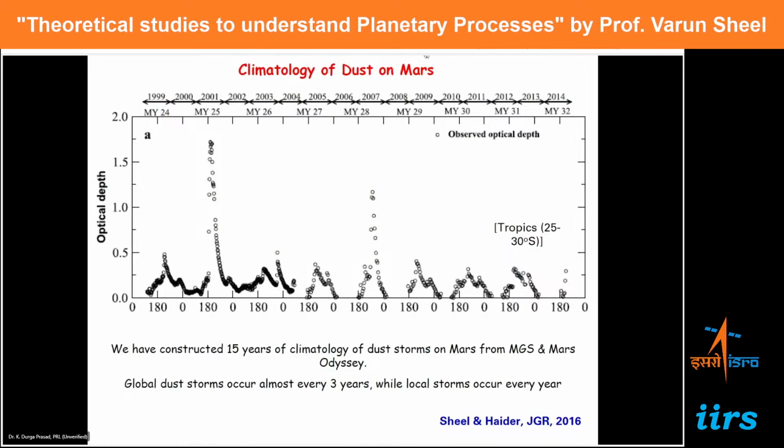This is the climatology of dust on Mars, which was derived. We have constructed 15 years of climatology of dust storms on Mars from MGS and Mars Odyssey. Global dust storms have been found to occur almost every 3 years, whereas local storms occur every year. And you see that the dust storm has a large optical depth.